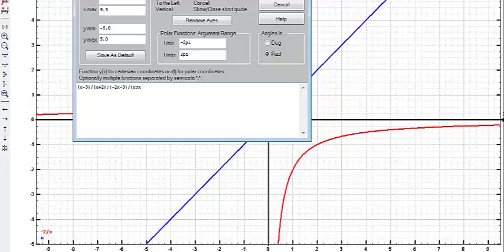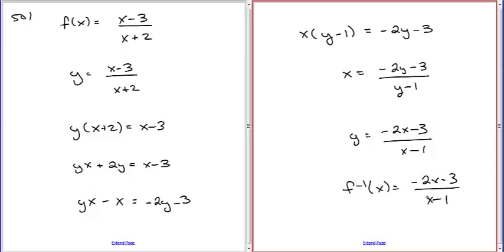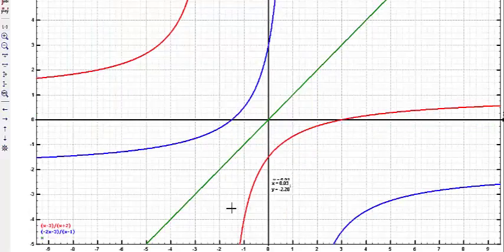So it's x minus 1. Okay. So before we plot that, once you solve for x, then you switch the variables again. So you get y equals negative 2x minus 3 over x minus 1, and then you say f inverse function is equal to negative 2x minus 3 over x minus 1. So that's what we're plotting, and we do that, and there you see it's happening. So this reflects to here, that reflects to there. So it looks like it should.